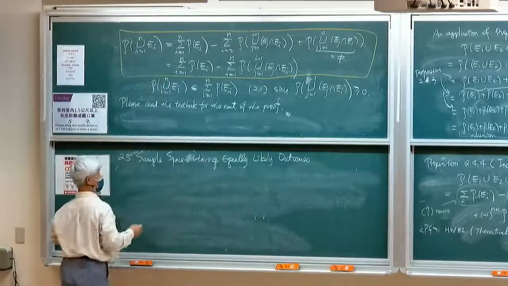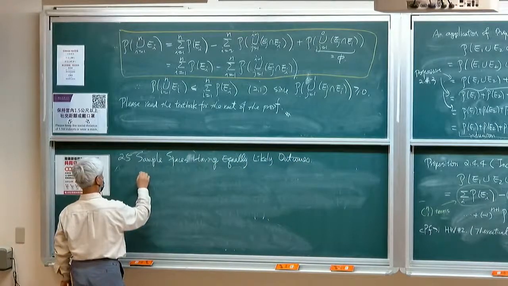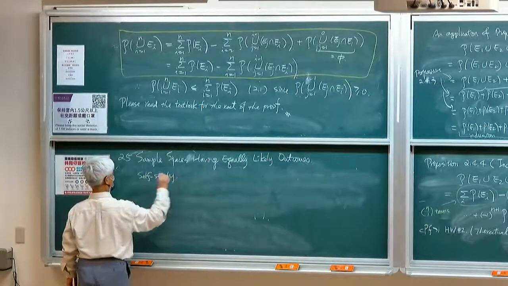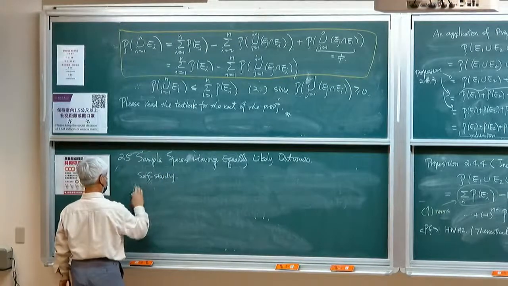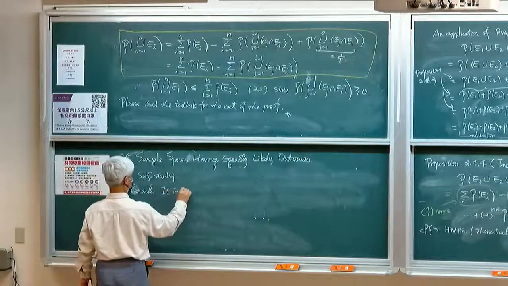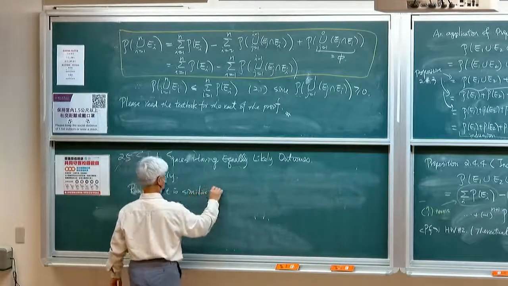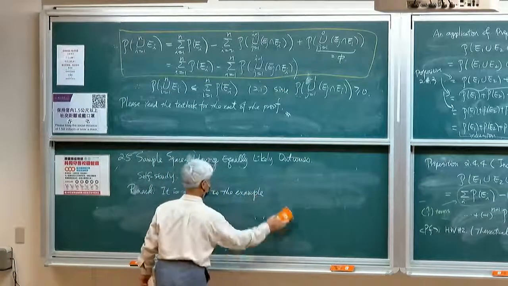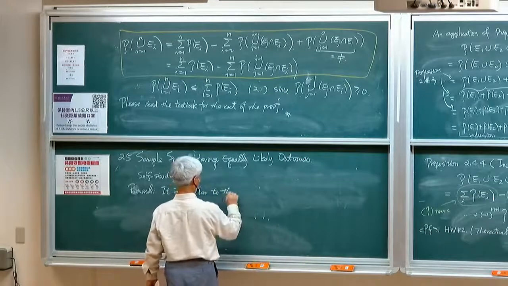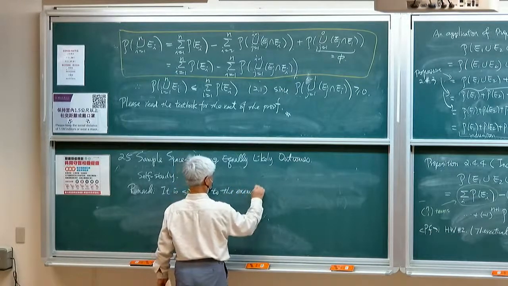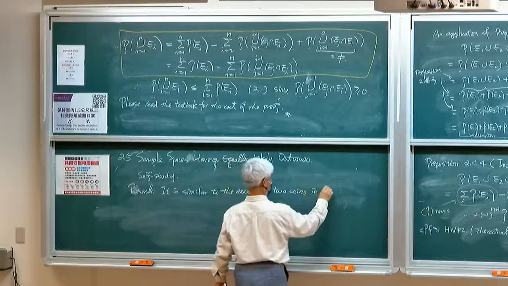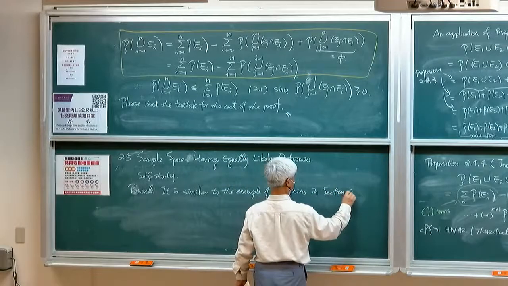I leave you to self-study this section. But remark, it is similar to the example of two coins in section 2.3.